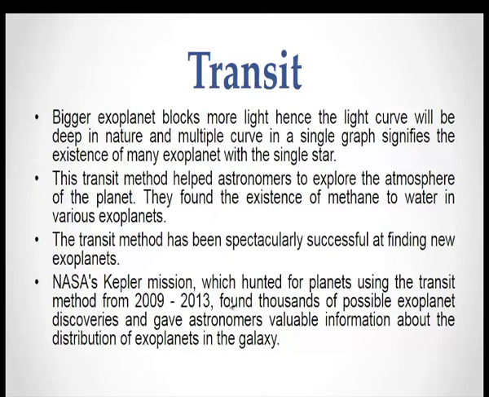This transit method helped astronomers to explore the atmosphere of the planet. Atmosphere exploration can be done using spectroscopic techniques. Using spectroscopic techniques, elements present in the examined object can be predicted.